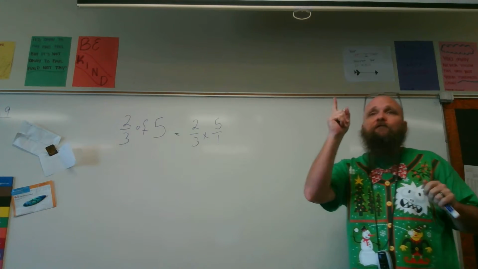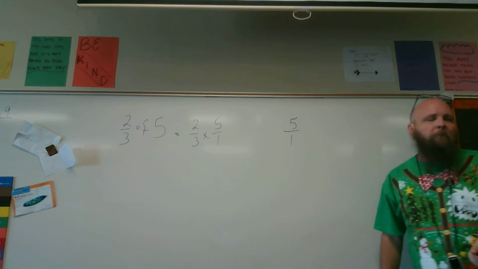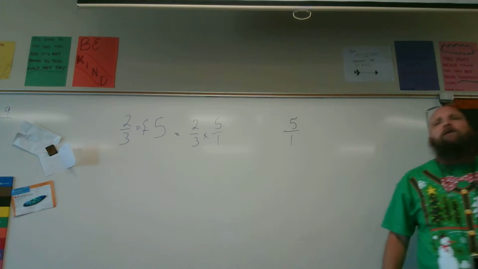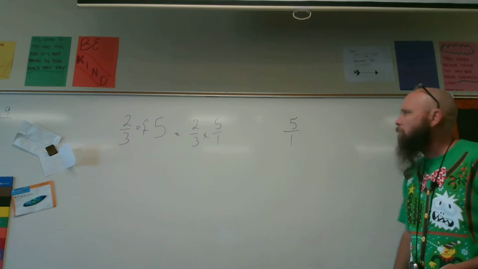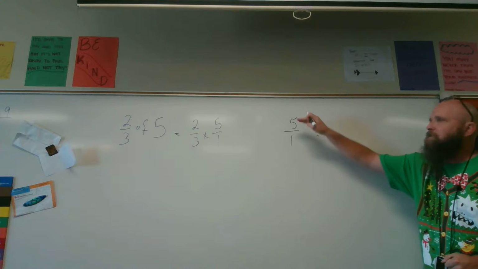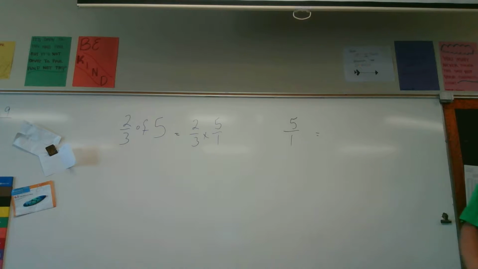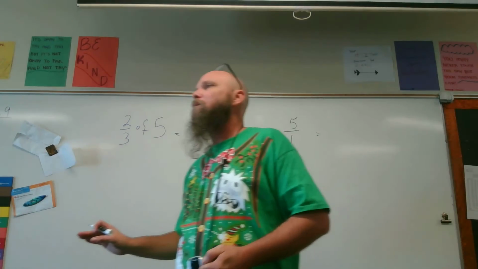Good. You divide it. 5 over 1 is an improper fraction. It is the same, and I mean the same, as 5. If you take an improper fraction, it's the same as saying 5 divided by 1. I have told you that.